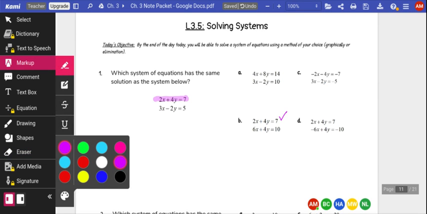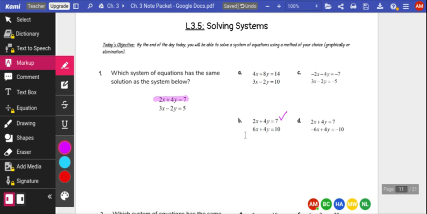Which means that for this to have the same solution, my second equation must either be the exact same equation, which it's not, or maybe it's been multiplied by 2, and then everything here would be the same. So we're going to look through.